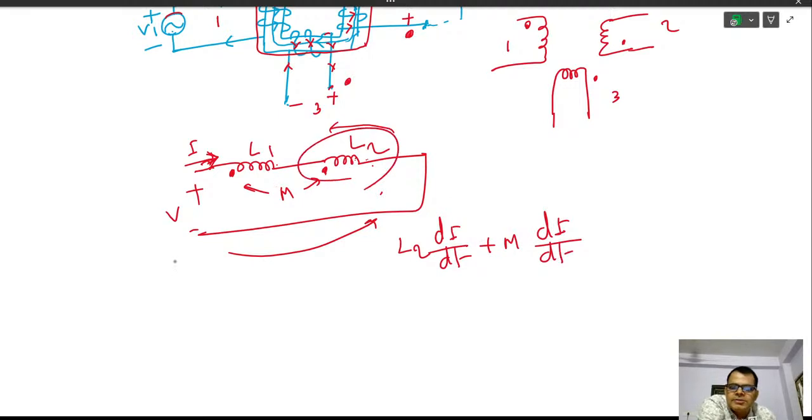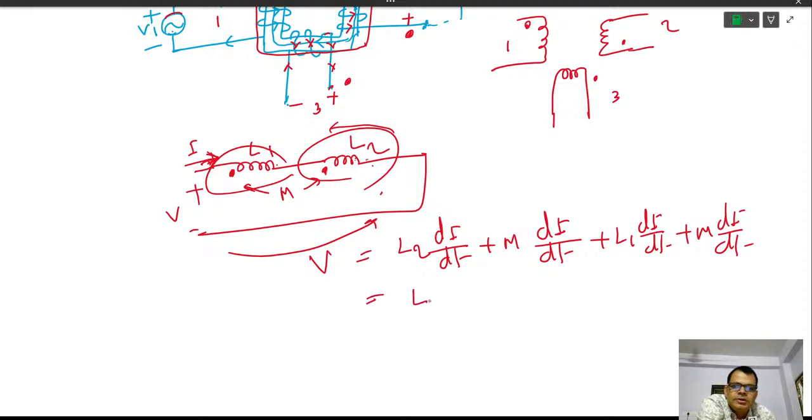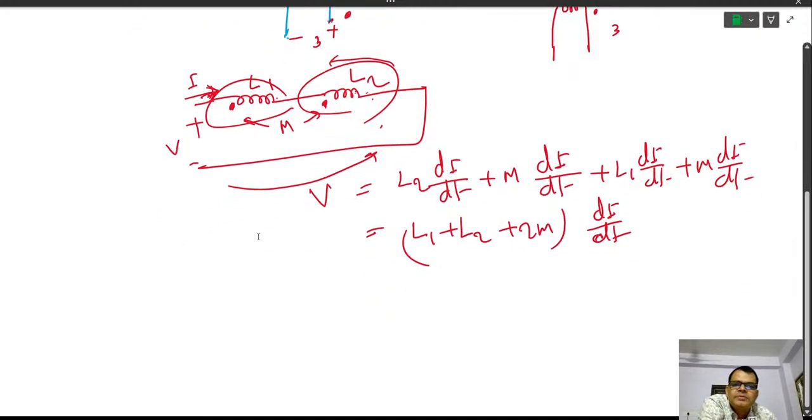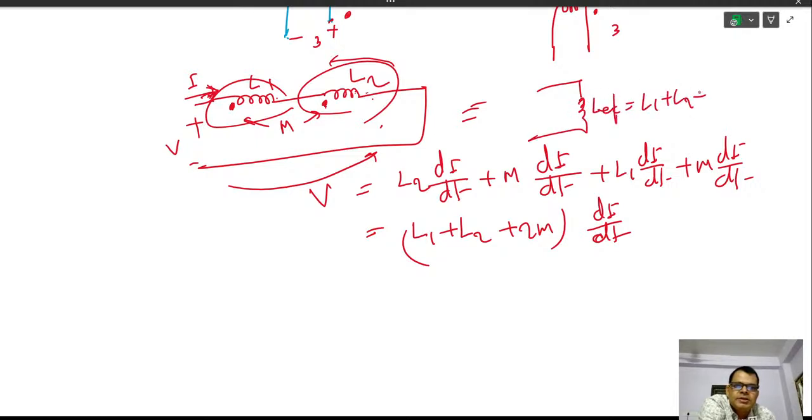Similarly, now this coil is over. Similarly, you can write for this coil L1 di upon dt plus M di upon dt, which is equal to V, which is equal to L1 plus L2 plus 2M di upon dt, right? If you compare it with a single inductance, it is the L equivalent, which is L1 plus L2 plus 2M.